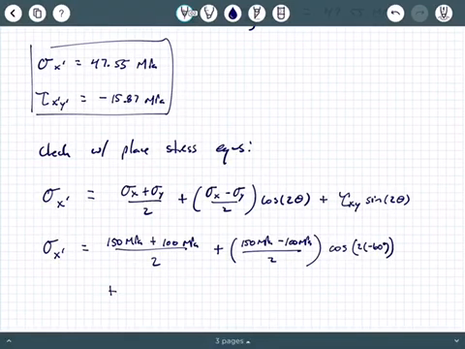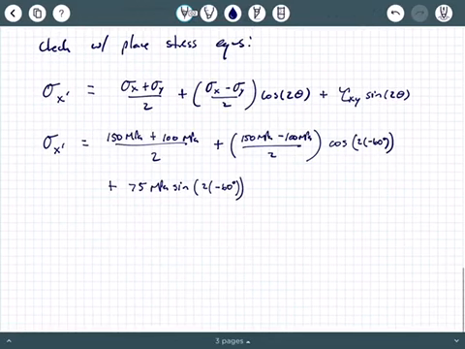Now, remember, at this point, we're just checking as if this was a regular old plane stress problem. So theta is, remember, theta was 60 degrees in the element going clockwise. So that should go in as a negative. So I'm going to have 2 times negative 60 degrees there.